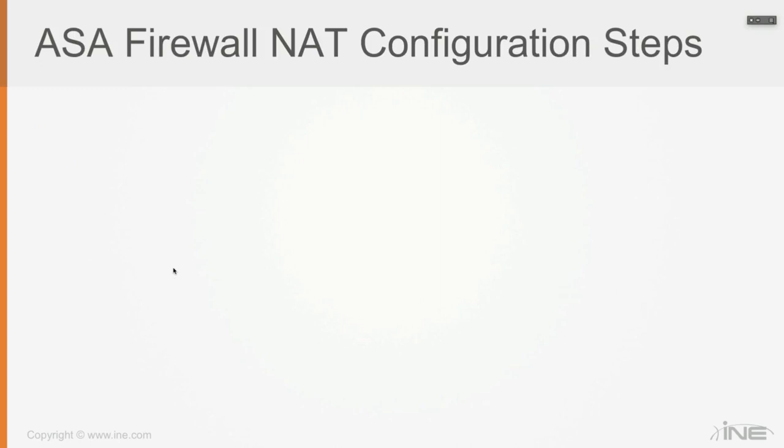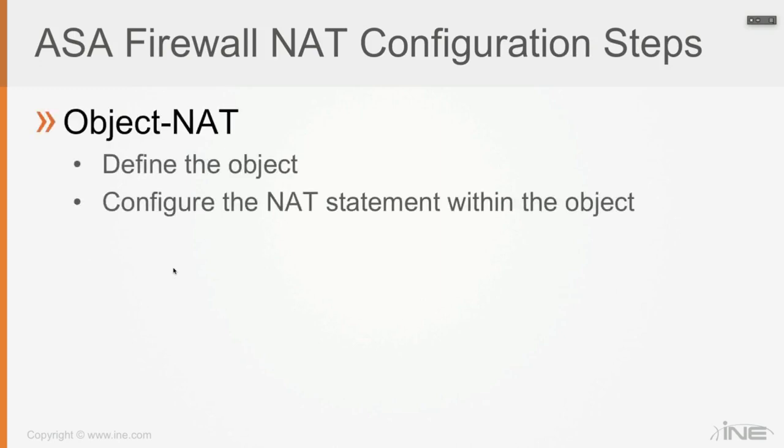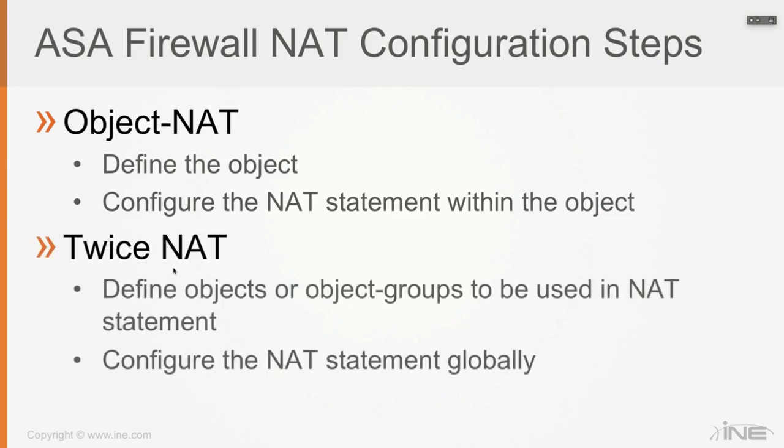For object NAT configuration, you define the object and you configure the NAT statement within the object. For twice NAT, you define objects and/or object groups to be used in the NAT configuration, and then you configure the NAT statement globally. That is twice NAT.